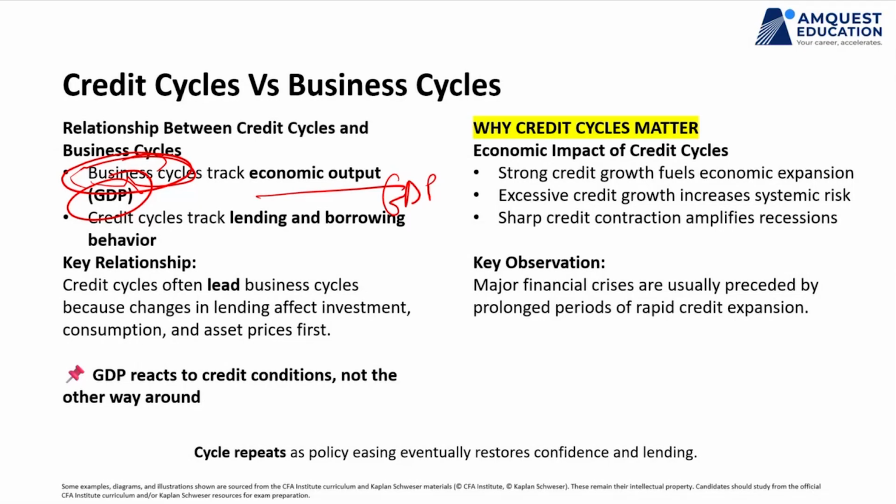The credit cycle looks at lending and borrowing: how much credit there is, how much lending is given, how much borrowing is given. So business cycle is economic activity; credit cycle is loans and borrowings. Right? Now, obviously, there's a strict interconnection here. The credit cycle often leads the business cycle.